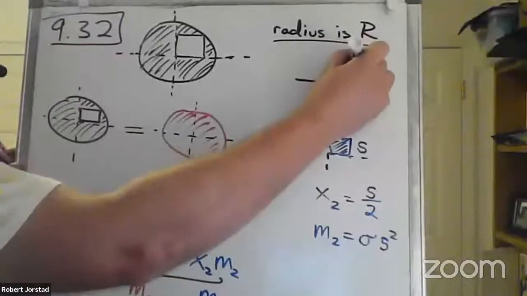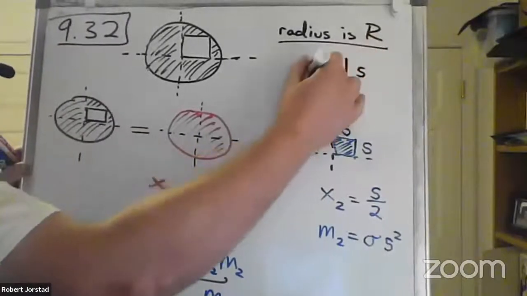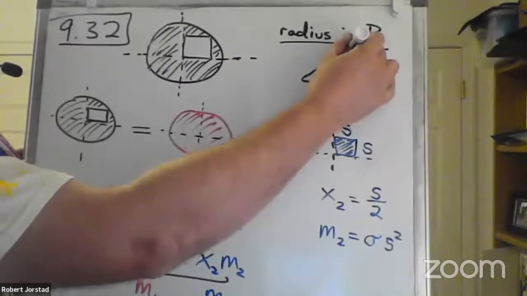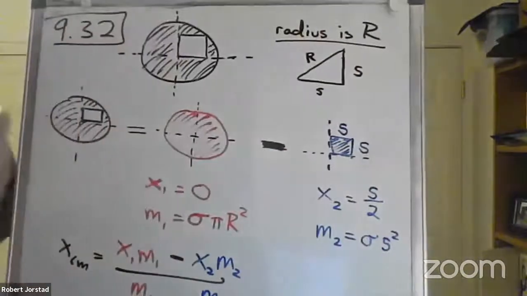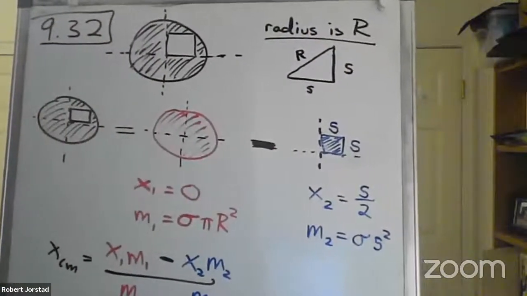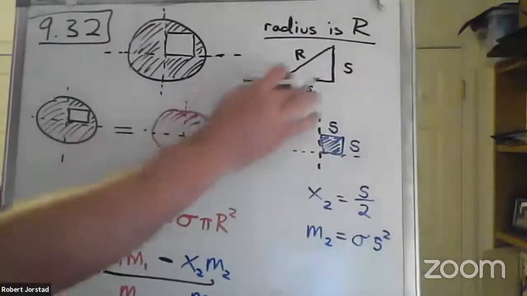And do you agree that this side is S, this side is S, and this side is R? If I drew it correctly, I'm really at an angle here. I can't see very well. Do you agree it looks kind of like that? Yeah. And so here you could use geometry.